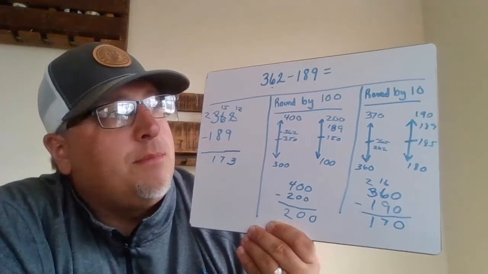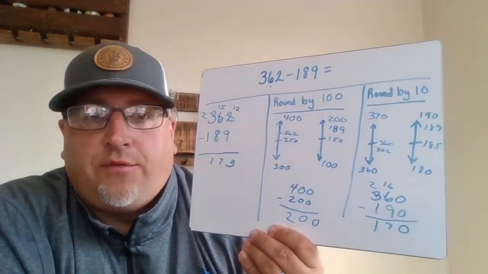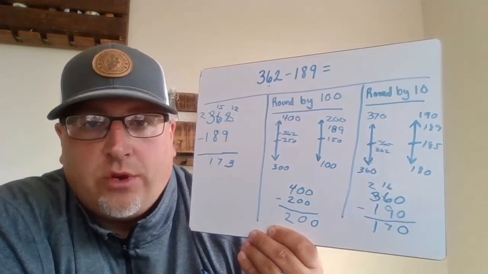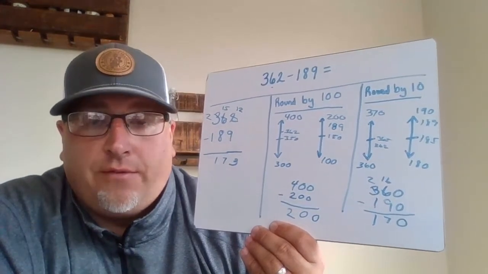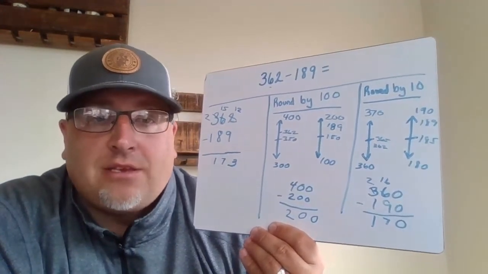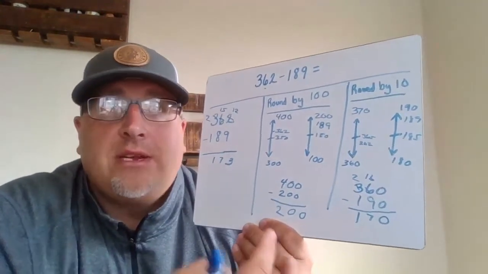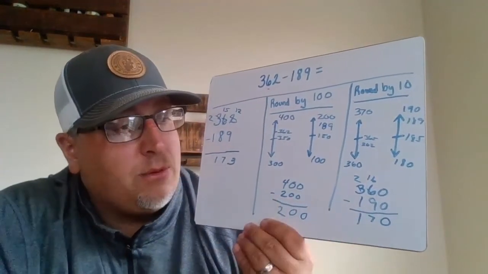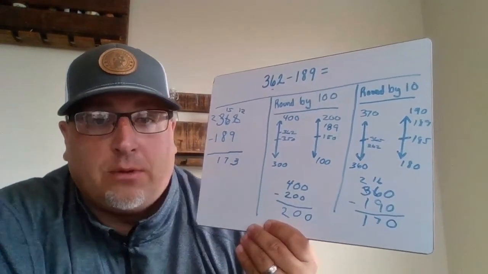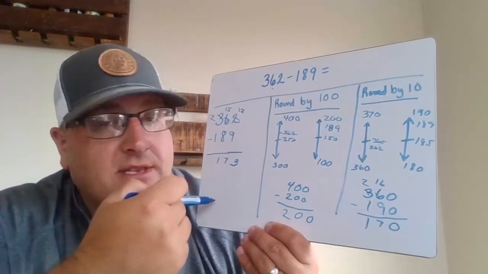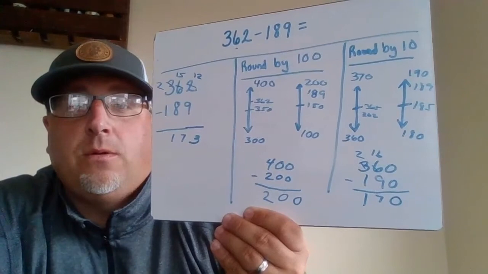So remember, when we tackle these problems, if they're looking for estimates, you can always round numbers to make it a little bit easier on yourself. That's the great thing about math. Sometimes you can count by tens or estimate or use different ways to help you out. We showed that we were able to get 3 answers for that problem just by doing the simple math, rounding by 100 and rounding by 10.